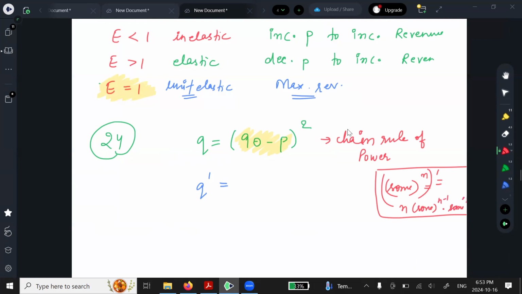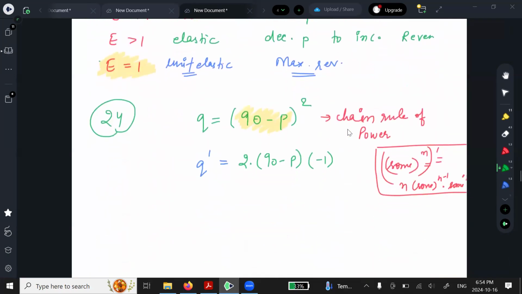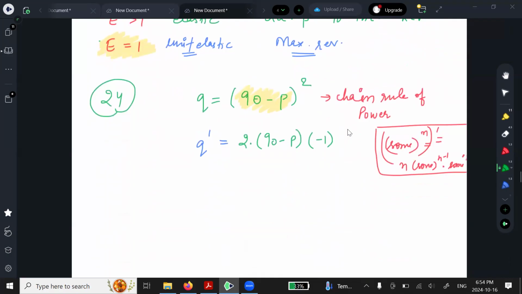We've been doing this from exam 1 now. Everybody recalls? Okay, good. So take the power out, subtract 1, multiply by the derivative, which is just negative 1. Wait, did I forget the negative? No. Good. So what is Q prime? It's negative 2 times 90 minus P.